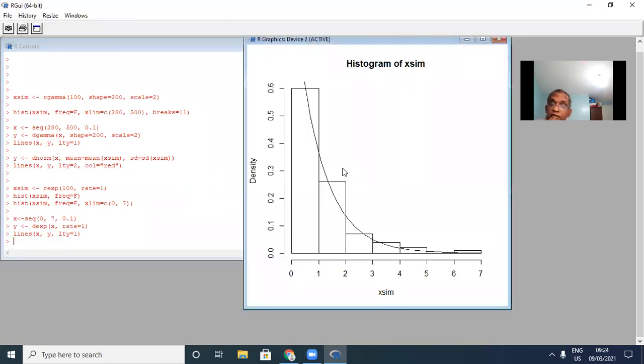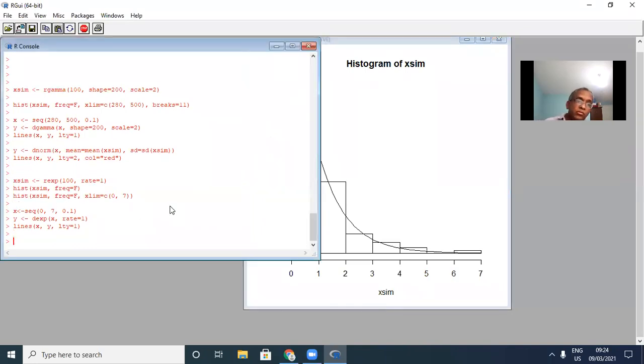As you can see, the density of the exponential fits the histogram pretty well, as you would expect, because the histogram was simulated from an exponential distribution with rate parameter equal to 1.